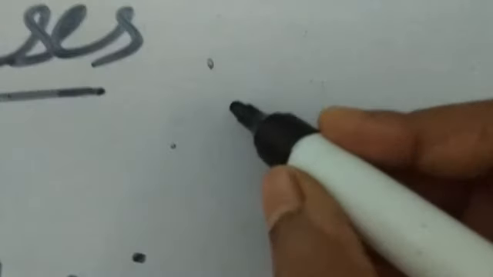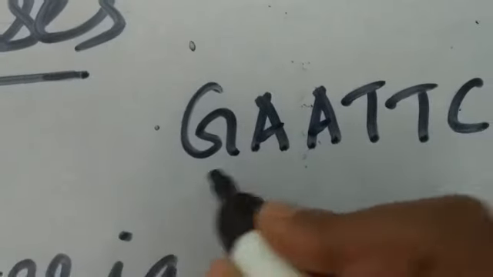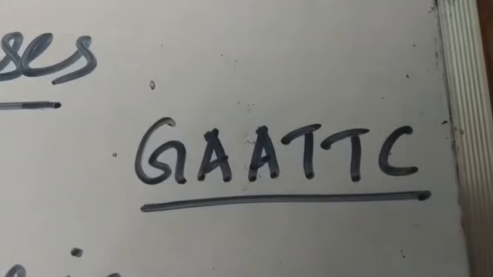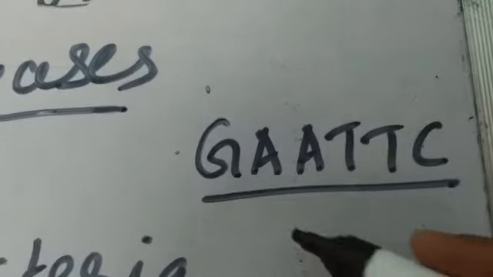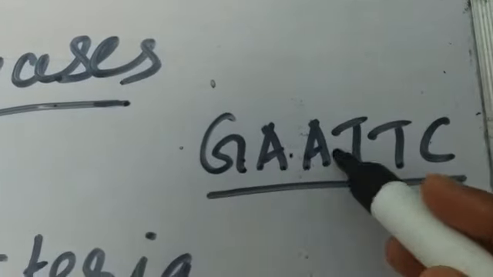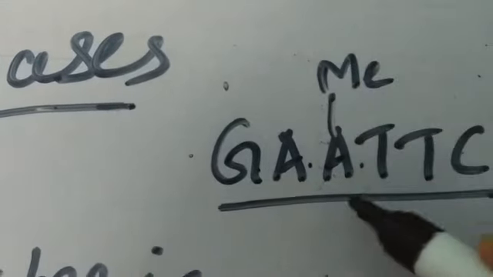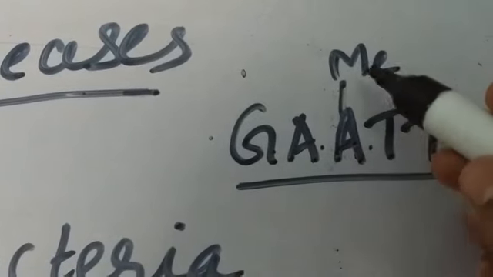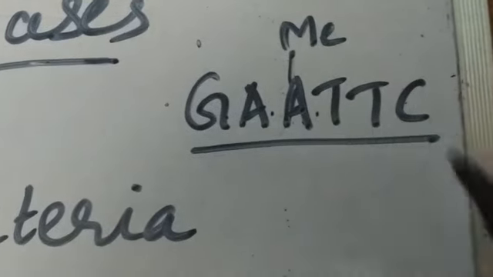For example, let us say this is a specific sequence that one of the restriction endonucleases is able to recognize: GAATTC. In its own DNA, wherever GAATTC is present, it will go and add a methyl group to one of the nucleotides. In this case, it has added the methyl group to one of the adenines in the specific sequence.